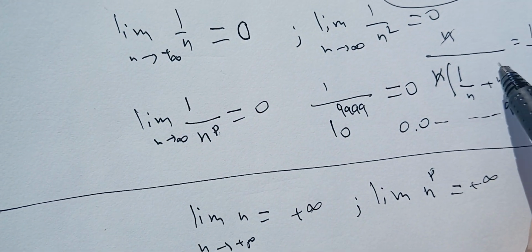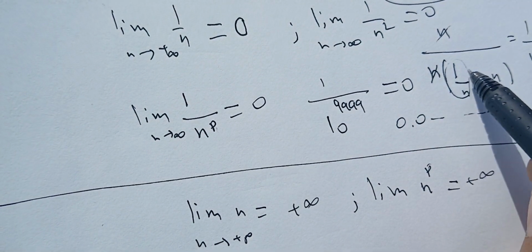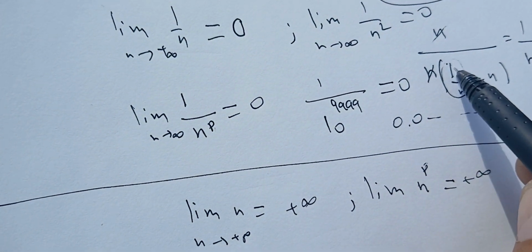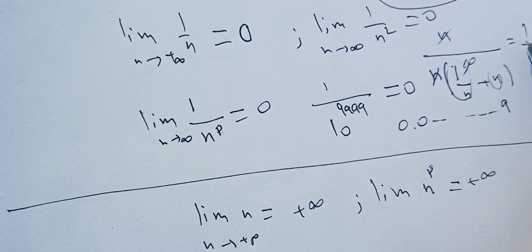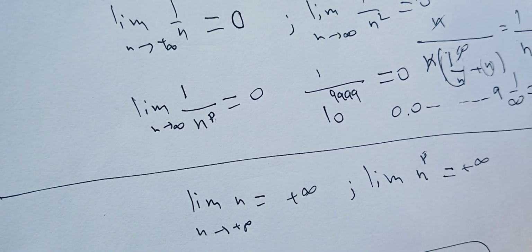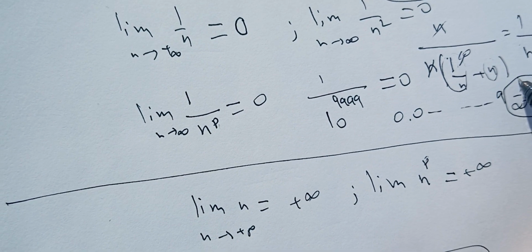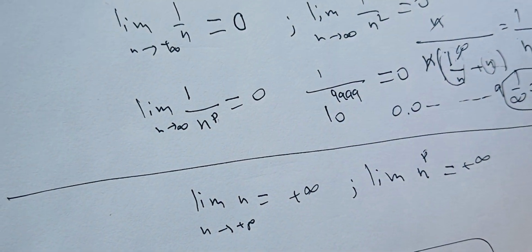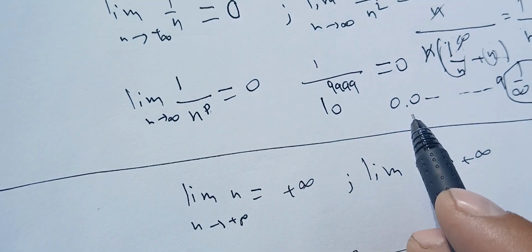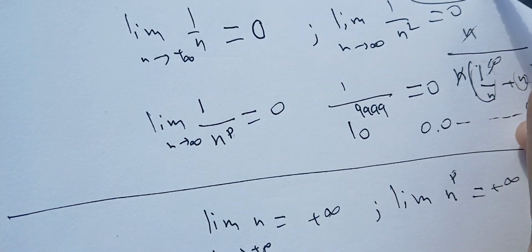Now what's the limit here? The limit here is 0 and this is infinity, but 1 over infinity is 0. You divide a number by a huge number to get 0. So the limit in this case is 0.